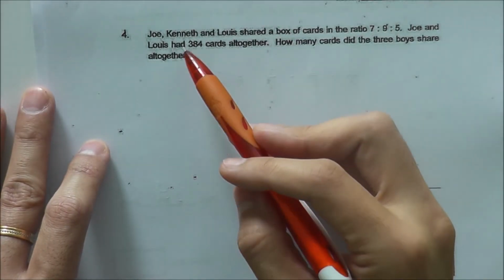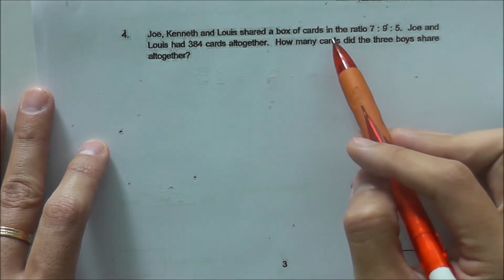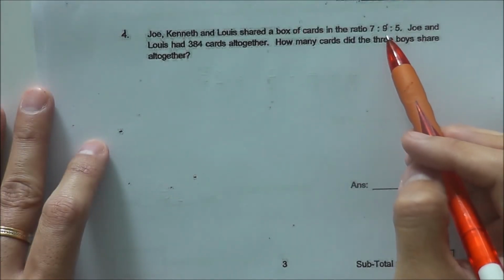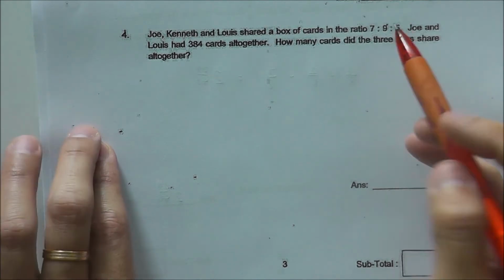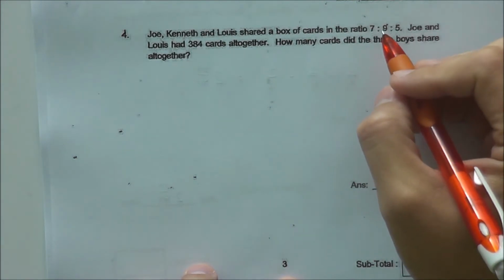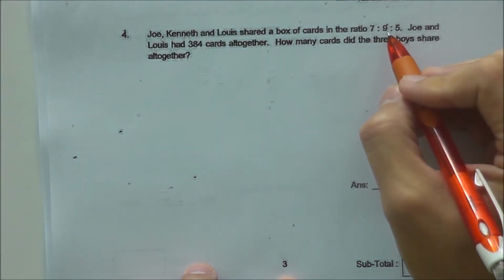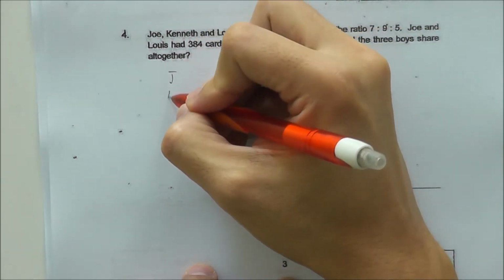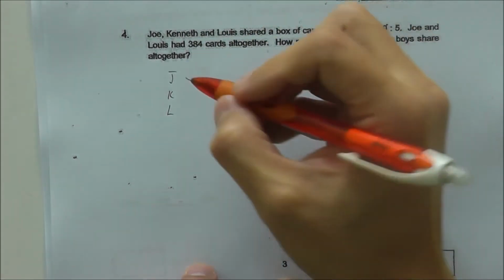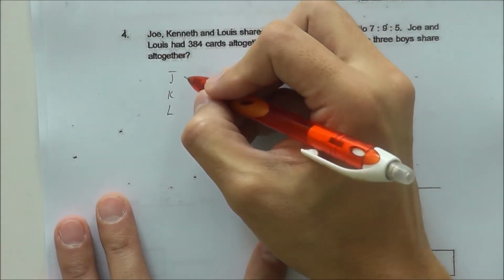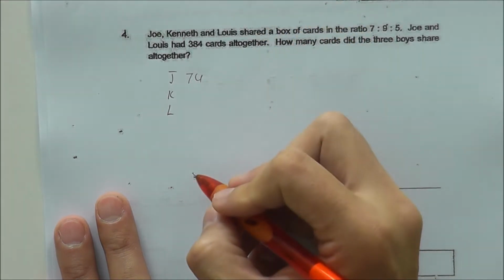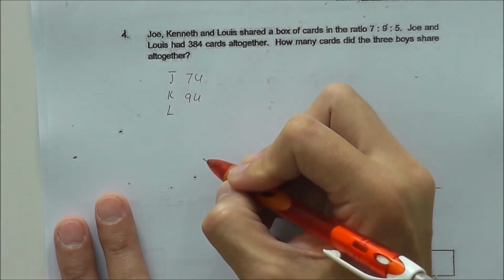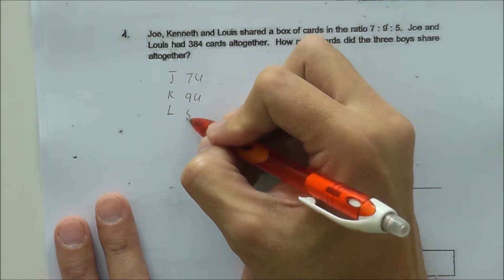Question 4. Joe, Kenneth, and Louis shared a box of cards in the ratio 7:9:5. Guys, what do I mean by ratio? As I've explained to you all before, when you see 7:9:5, it just tells you that Joe has 7 units, Kenneth 9 units, and Louis would be 5 units.